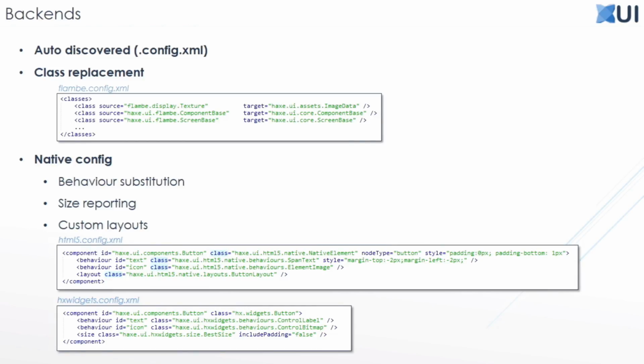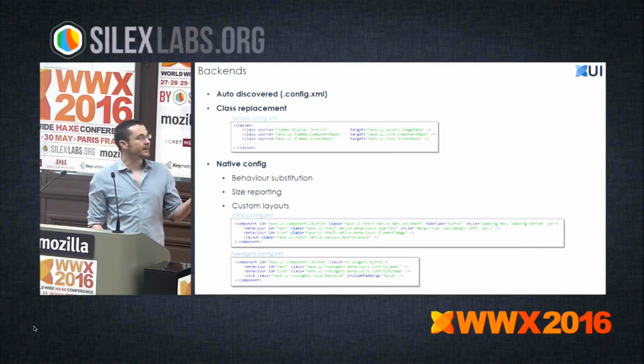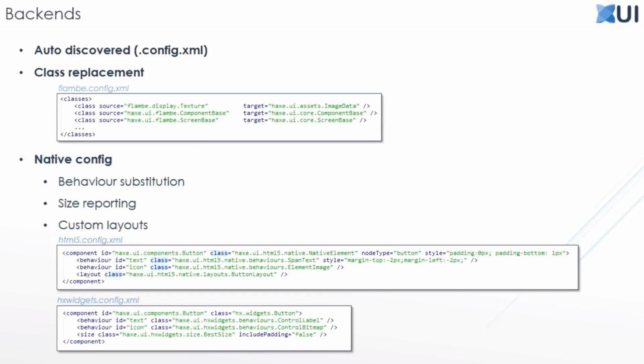So all over the HaxeUI core, there's base classes like component base, assets base, screen base, these sort of placeholder classes. Now what the macro does is it comes through, gets the information from this XML file, and then starts replacing the classes, replacing the type, at compile time. So for example, your component base then suddenly becomes haxe.ui.flambe.component base for the Flambe backend, that is.